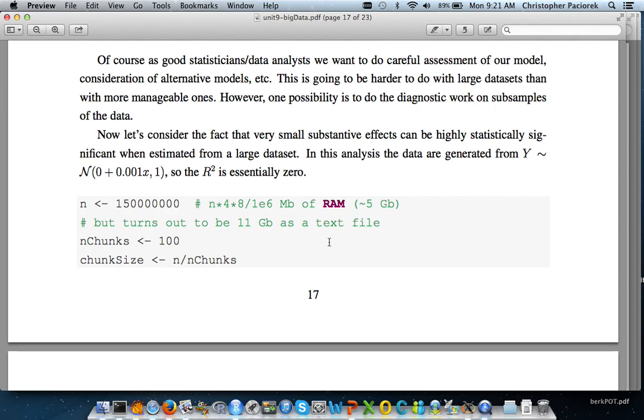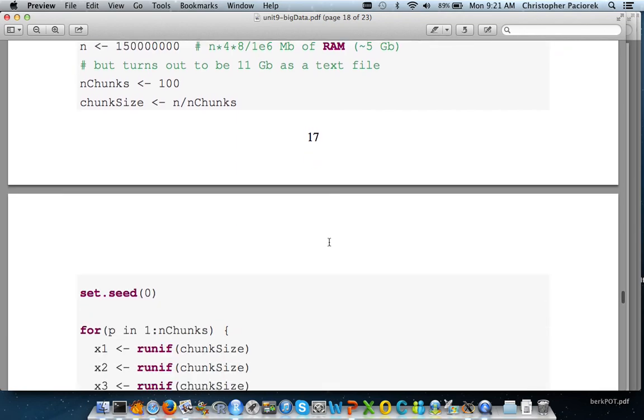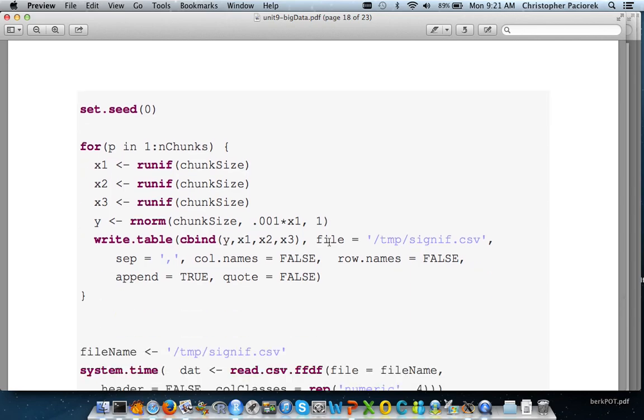And then the other thing I just want to point out, this is a little bit of an editorial comment, an example with an editorial comment lying behind it. I basically just generated data where there was a relatively small effect of one variable on the outcome. So I'm generating y's that are normally distributed with a mean of 0.001 times some x1 and no effect of x2 and x3. But I'm going to fit a model where I regress y on x1, x2, and x3.